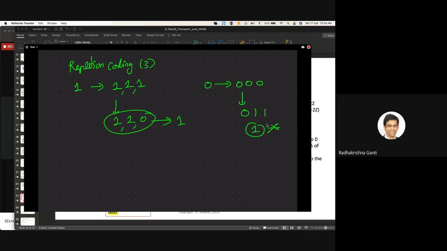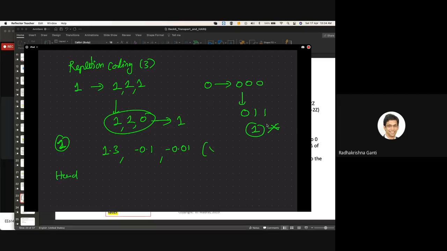Now let's pass it through an AWGN channel. You transmitted 1, and you got these values. First time you got 1.3, second time you got -0.1, third time you got -0.01. Okay, so let's do hard decoding.